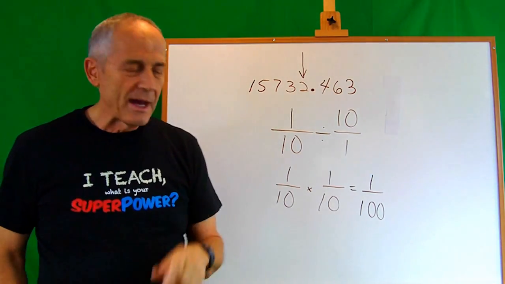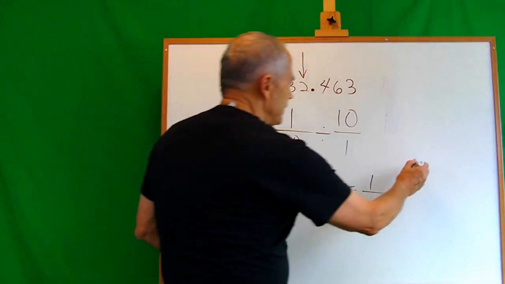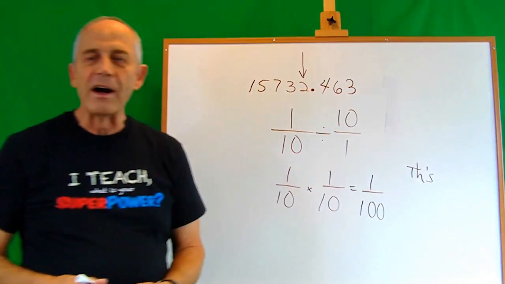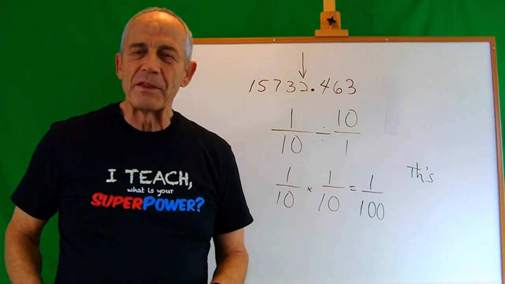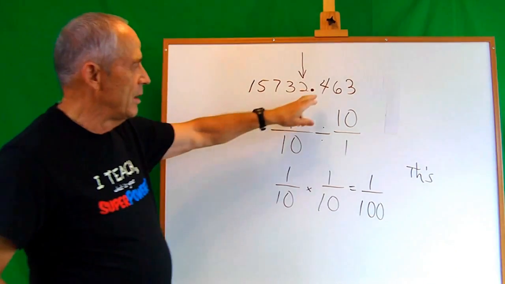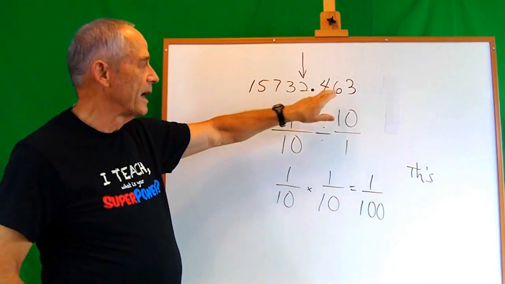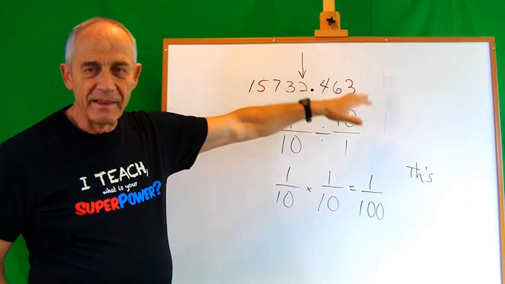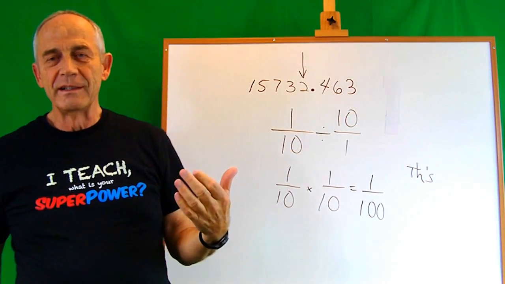So now we have to remember to put that THS on the end of the place name. So it's tenths, hundredths, thousandths, ten-thousandths, and so on.